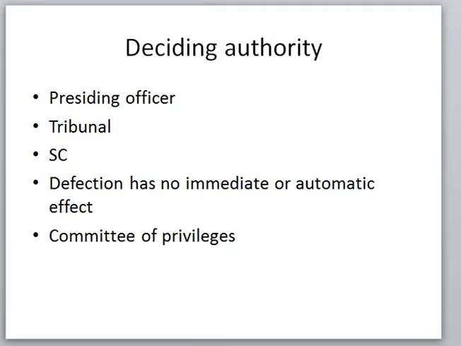Next point is, who is the deciding authority? Again, the presiding officer of the particular house will decide whether the member is disqualified or not. Again, there was an SC ruling on that. Supreme Court can intervene. Why and how? Supreme Court argued that the presiding officer acts as a tribunal in the case of discussing matters of disqualification, and as per the constitution, every tribunal comes under the Supreme Court.